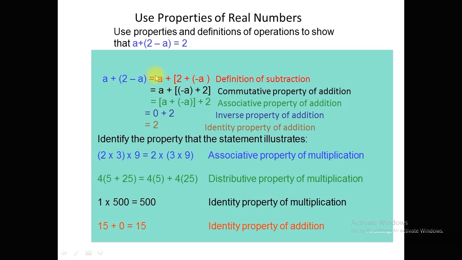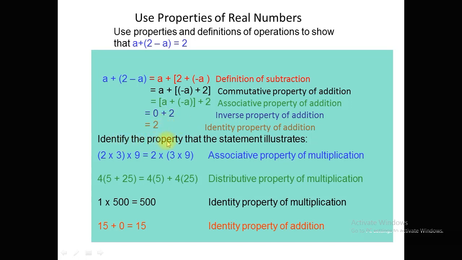Now a plus of minus a plus 2, this is the commutative property of addition. Then we can write as a plus minus a plus 2. This is the associative property of addition. And a plus minus a equals 0 plus 2. This is the inverse property of addition, which is equal to 2, and 0 plus 2 is equal to 2. This is the additive identity property.